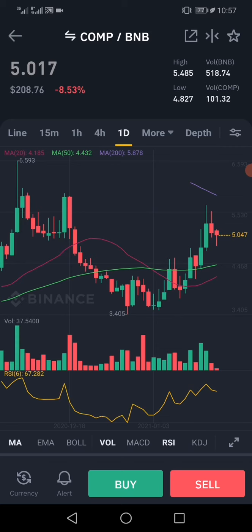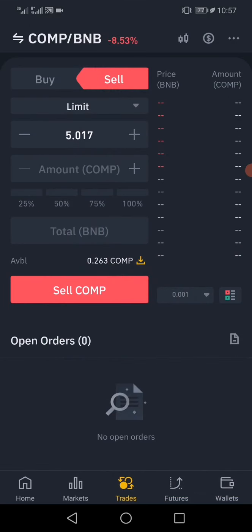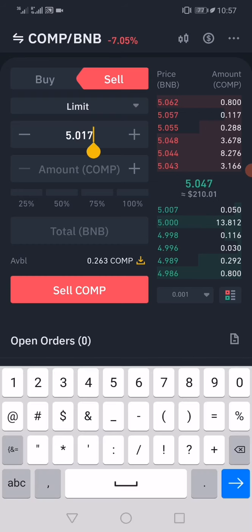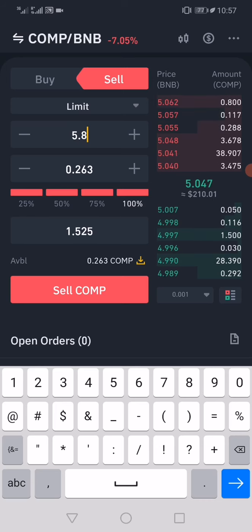So at this particular point in time, I'll go to the sell side of the market. Now on the sell, it's either I use a limit order. Let's say I want to sell it at 5.8. I press my 100% and it gives me the exact value of the comp that I want to sell.